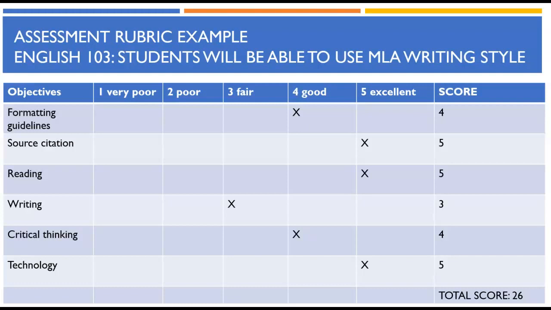Here's an example. On the top of the rubric, there is a specific overarching student learning outcome statement, skill, or competency that students are expected to showcase in the given assessment task.